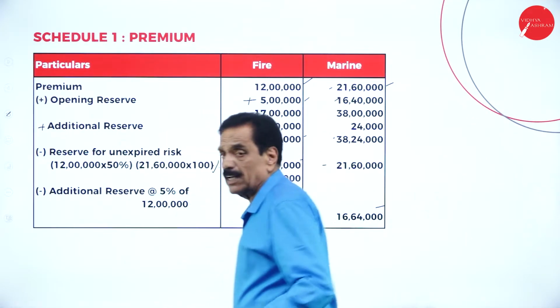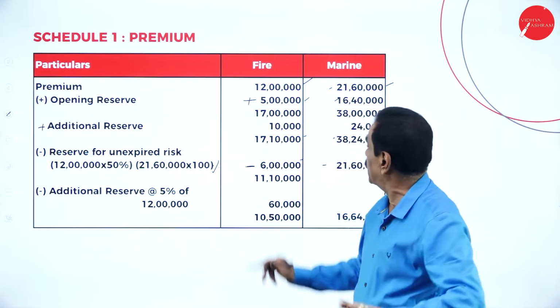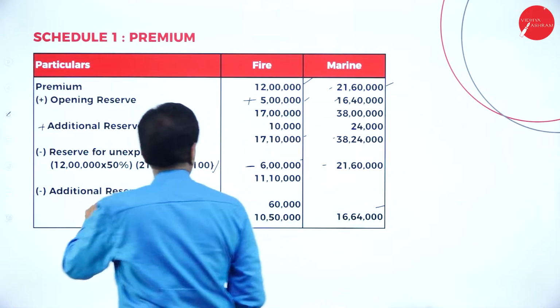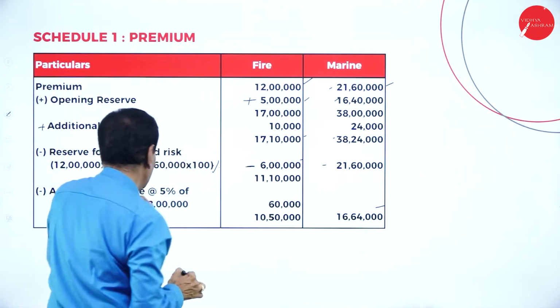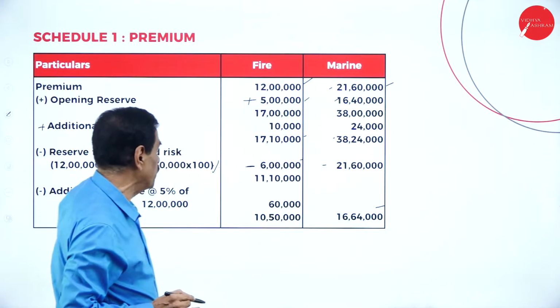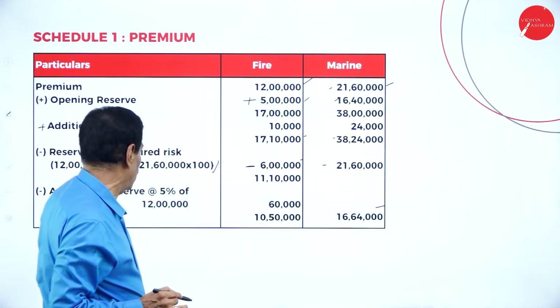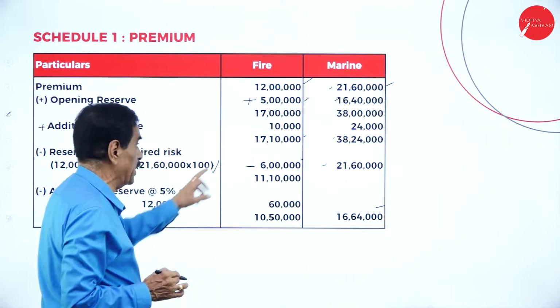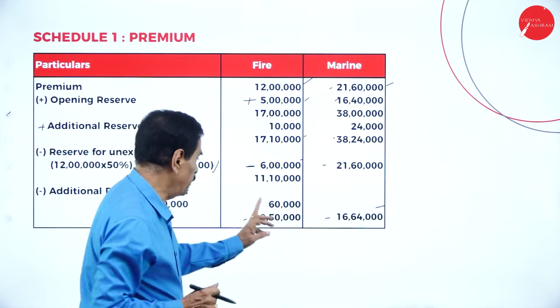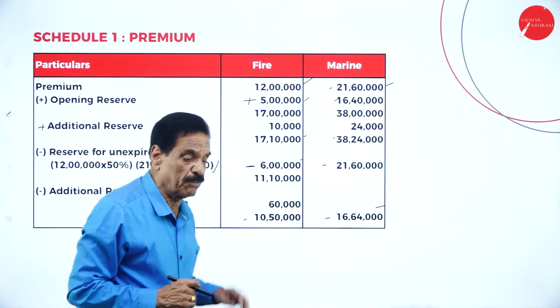Minus reserve for unexpired risk, which is 50% in the case of fire, 100% in the case of marine. 50% of 12 lakh is 6 lakh. 100% of 21 lakh 60,000 is 21 lakh 60,000. The balance is 11 lakh 10,000 minus additional 5% on 12 lakh, 60,000. The balance is 10 lakh 50,000, 16 lakh 64,000.